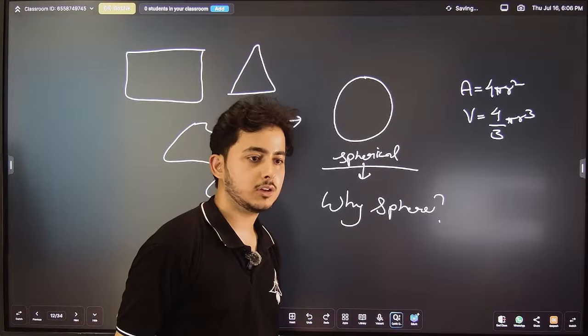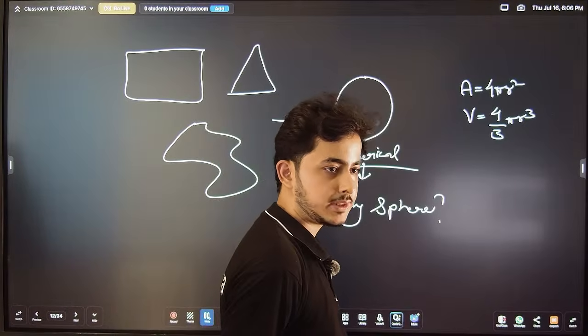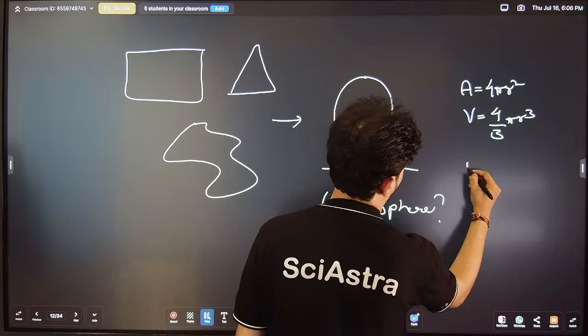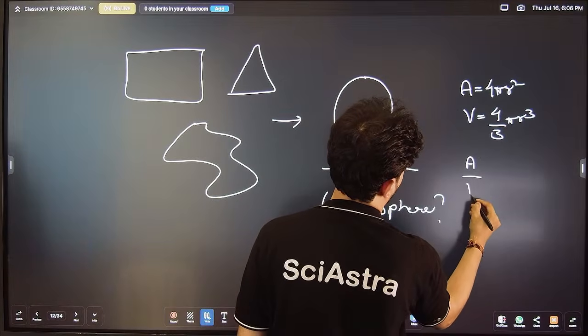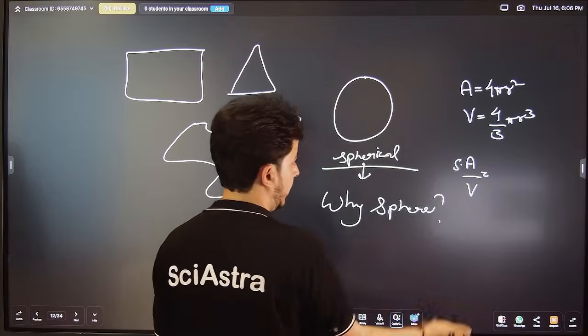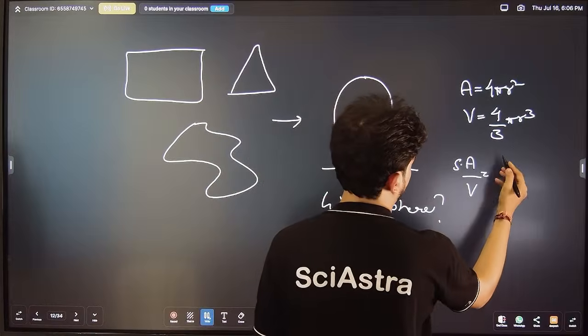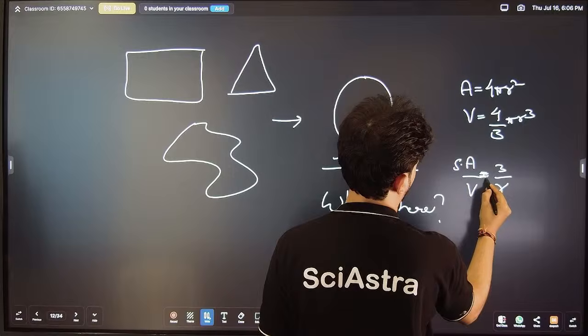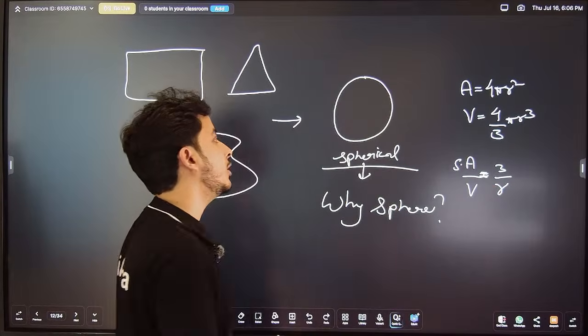Everyone knows these two formulas for a sphere, correct? Now if you calculate the surface area to volume ratio and divide all this, you will simply get 3 upon r.